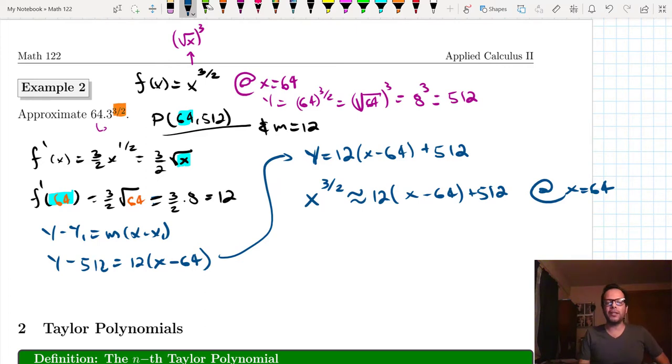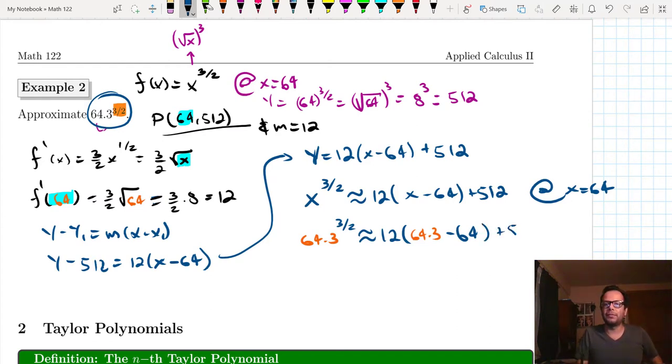So let's use that expression to approximate the quantity we want, in this case, 64.3 to the 3 halves. It's approximately 12 times 64.3 minus 64, plus 512. Okay, 64.3 minus 64 is going to give us 0.3.